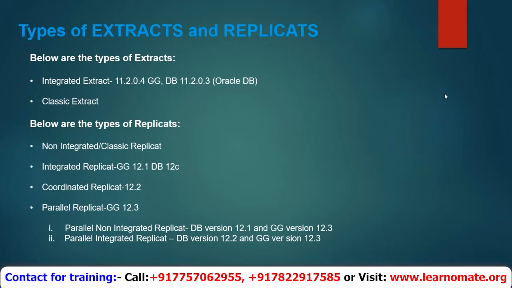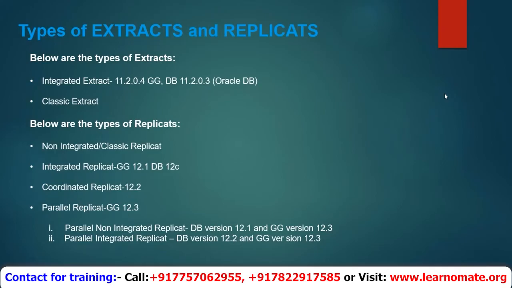So what are the different types of extracts and replicates available in Oracle GoldenGate? What is extract and what is replicate first of all? Extract is a process which extracts the changes from the source database. Replicate is a process which applies the changes to the target database.